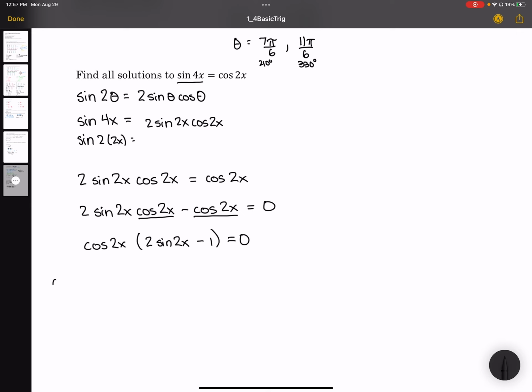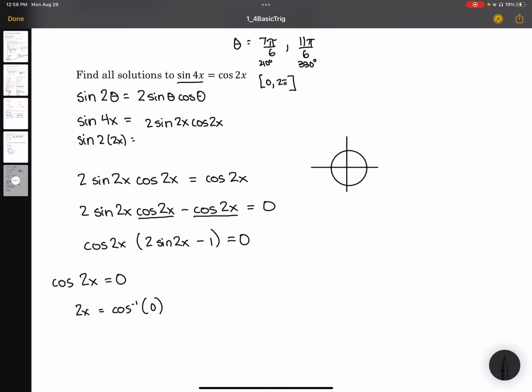So we end up with, and let's also say we're still working on the interval 0 to 2 pi. So we end up with cosine 2x equals 0, which is going to mean that 2x is equal to cosine inverse of 0. So now if we're looking at our unit circle again, we'll draw a little unit circle. So remember, cosine is an x value.